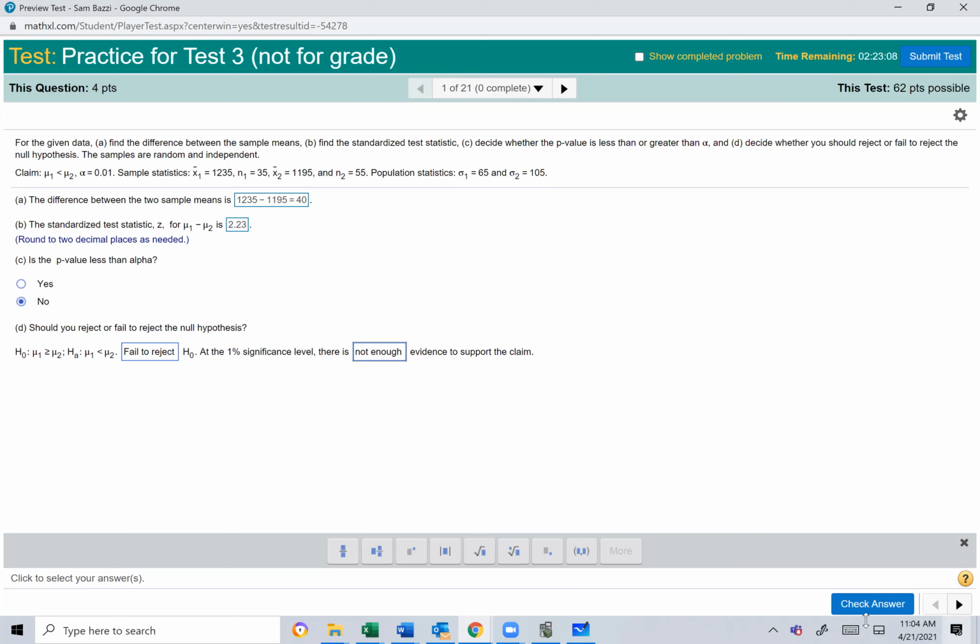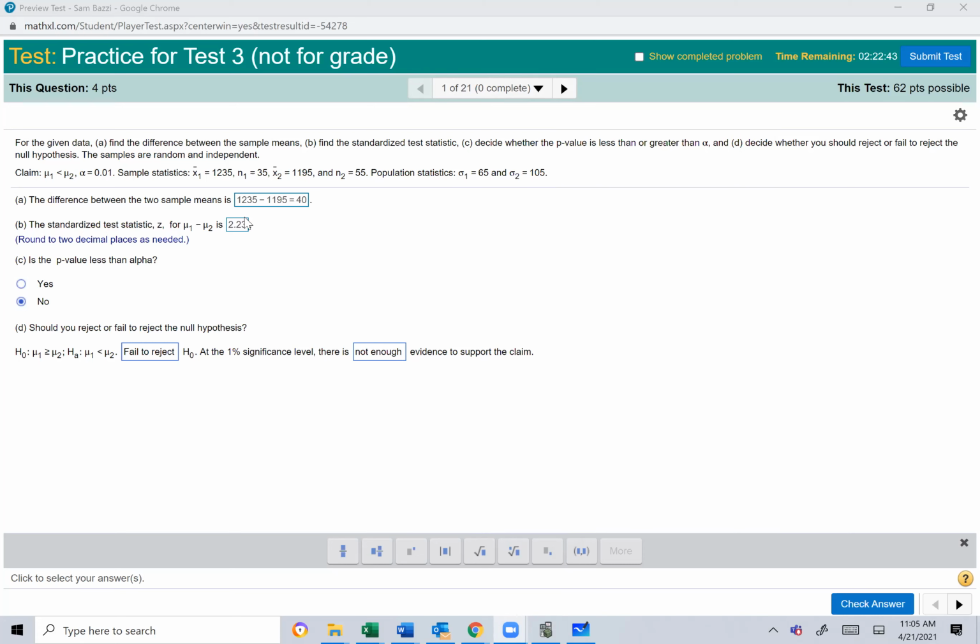Any questions here? The chi-square test is when you have more than 2 proportions, the distribution of 3 or 4 or 5 proportion percents.